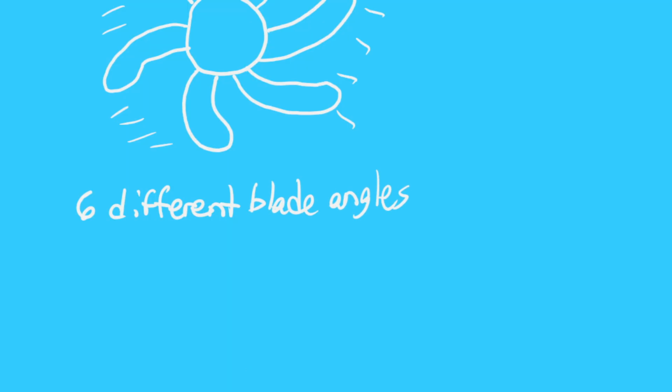We have 6 different blade angles. So we will have 24 divided by 6 equals 4. So we will have 4 cycles to describe the distribution of these different blades.